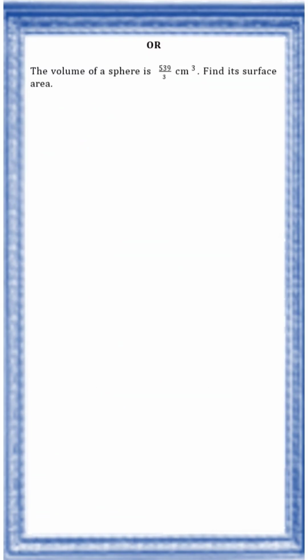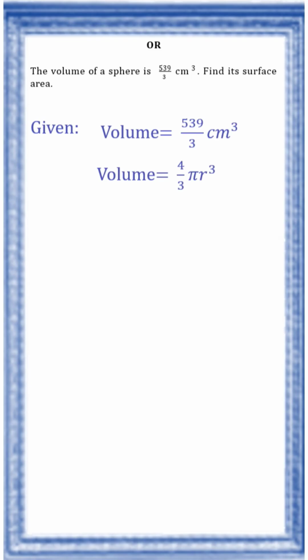Or you can also solve this one. Volume of a sphere is 539 by 3 centimeter cube. Find its surface area. What has been given now? Volume of the sphere, 539 by 3 centimeter cube. We know that volume is equal to 4 by 3 pi r cube. What is to be found out?